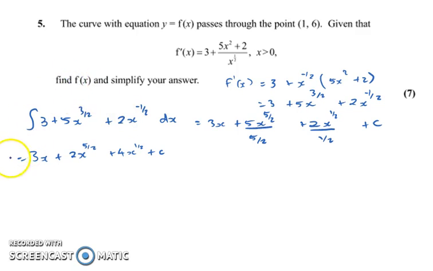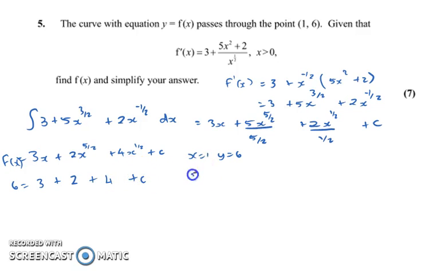We need to find f of x. This is f of x. We happen to have a c here. So we're told some information in the question that x equals 1 when y equals 6. So 6 equals 3 times 1, which is 3. 2 times 1 to the power of 5 over 2 is just 2. Add 4 times 1 to the power of a half, which is just 4.